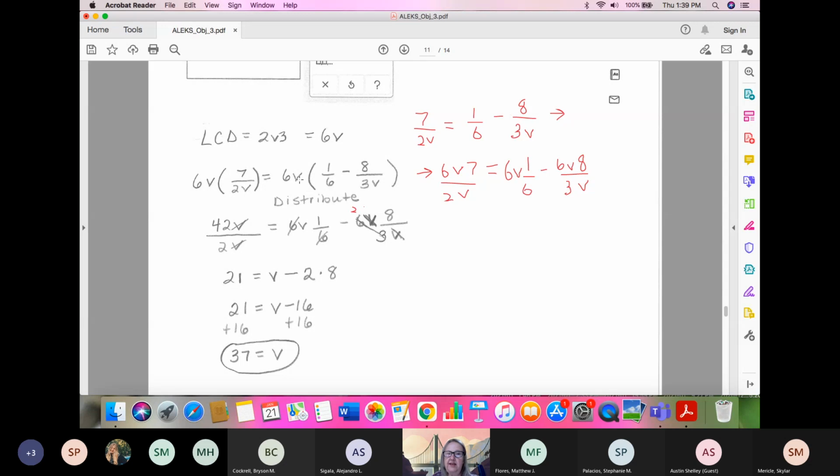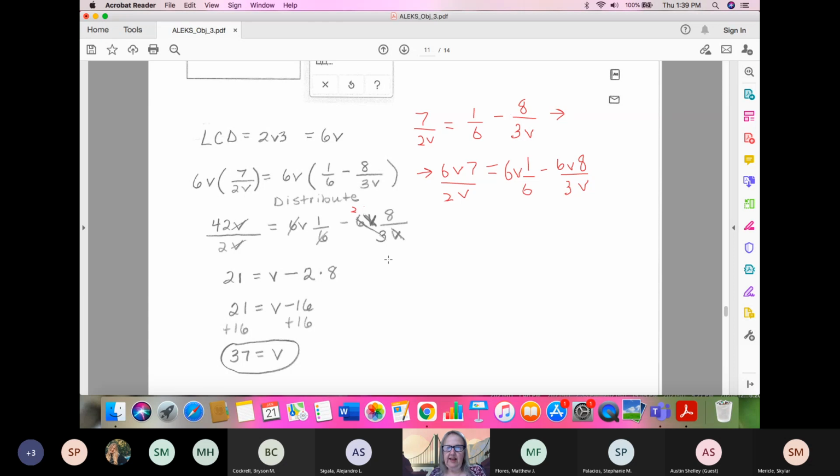Now the 6V gets distributed through here. So this is 6V times the first term, which is 1 over 6. And then minus 6V times 8 over 3V.